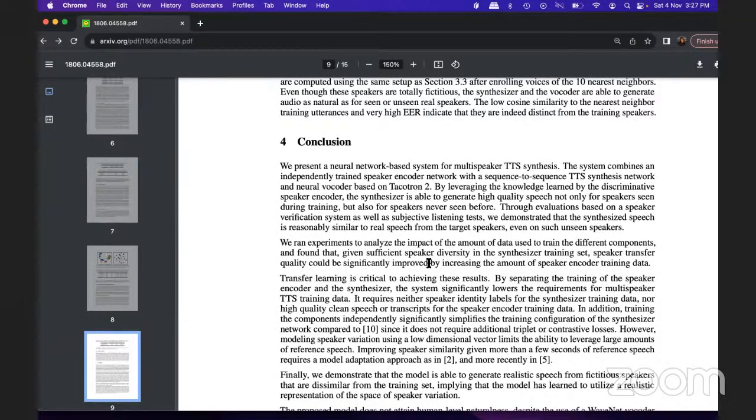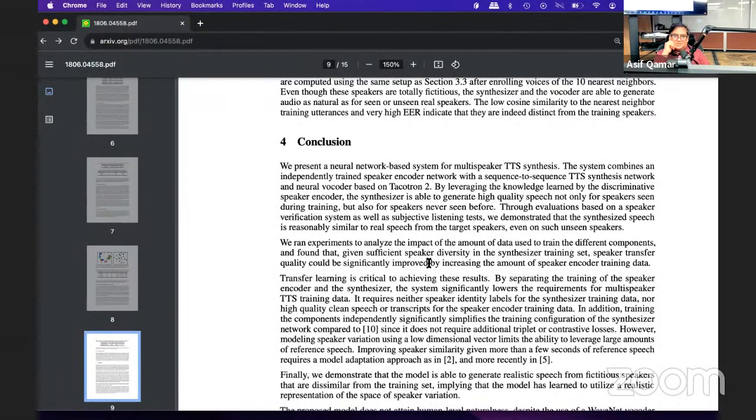And on naturalness, of course, it cannot capture the exact expression or rhythm or pitch as well as we expect. So these are some of the drawbacks that the authors observed with this model. So this is a basic idea of what the authors are proposing with this model.